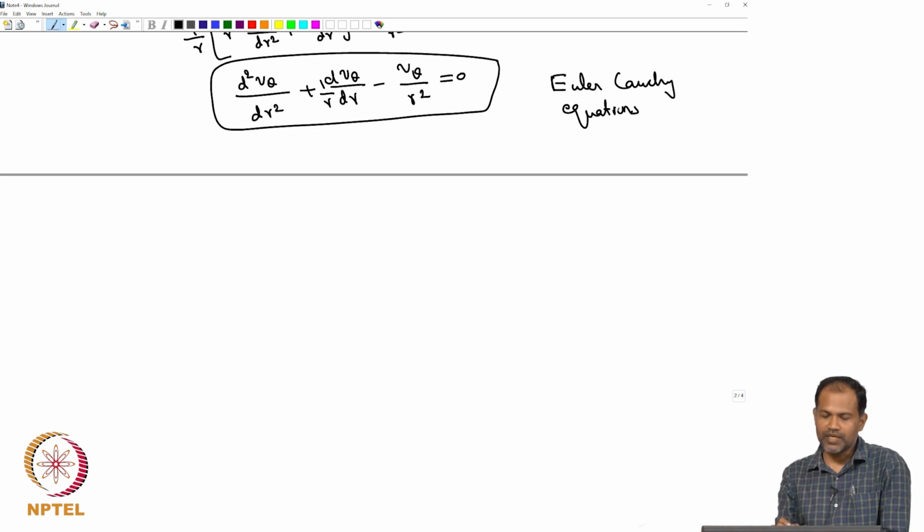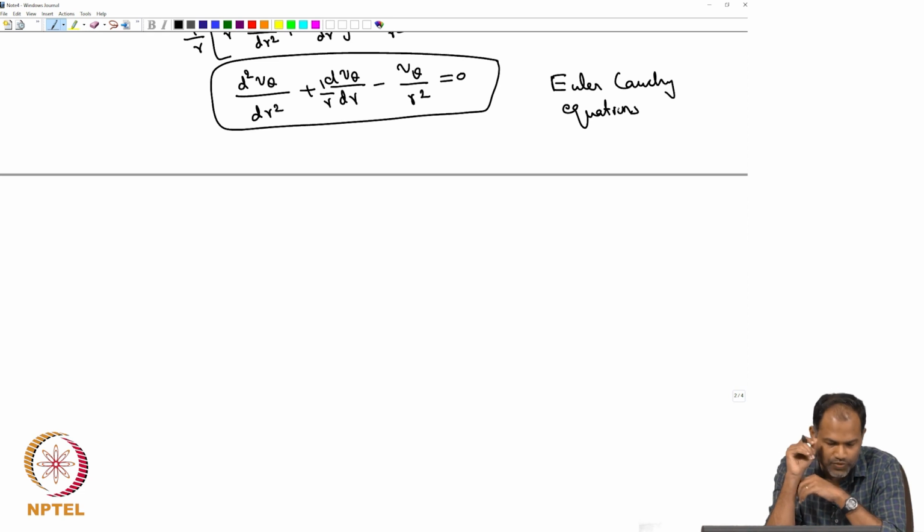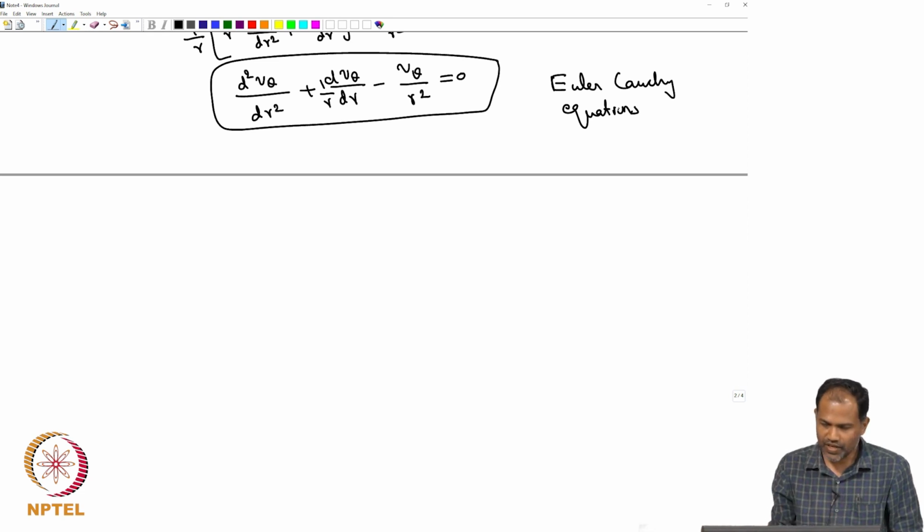And they admit a solution of a power law. For example, here the solutions that these equations will have will be something like r to the power of m. So, that is a kind of solution that we will have. So, we can actually try to find out what that would be.